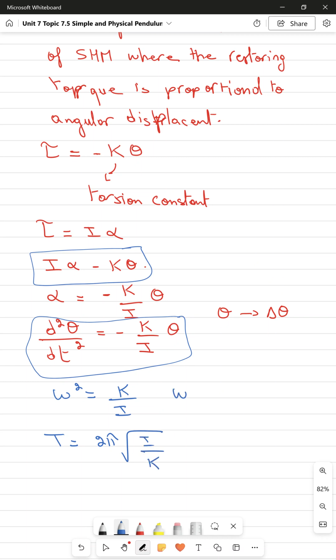Again, omega, if you forgot, is the square root of kappa over I. So that's the equation of the period of a torsion pendulum. As you see, all of them undergo the same derivation, but with different letters and different names. That's it for 7.5.